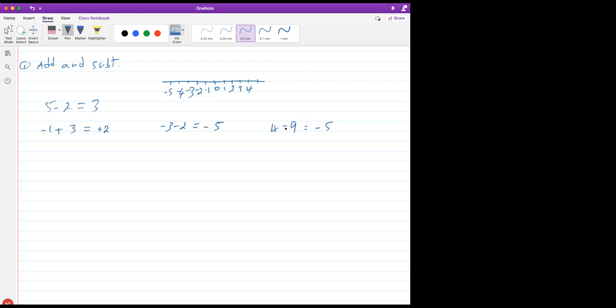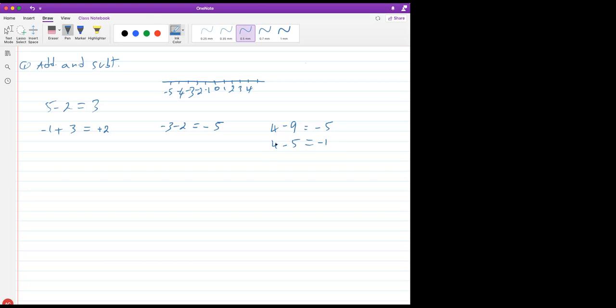Here, same thing. So we start from 4, and this is a bit too much. Let's do a smaller one. So let's say we have 4 minus 5. What is the answer to this one? -1. That's right, 4 minus 5 is -1.